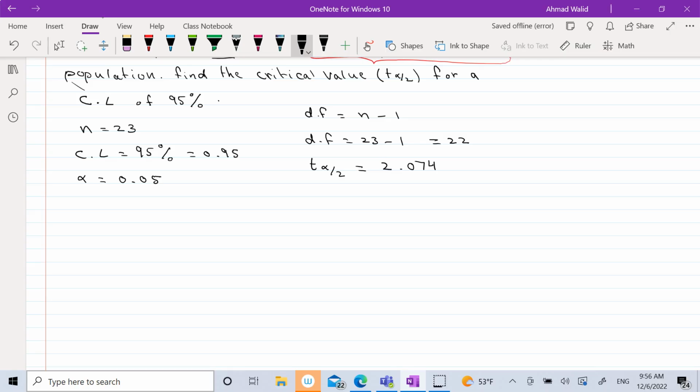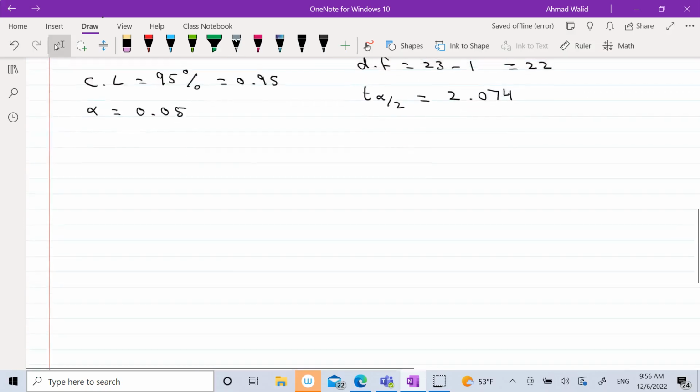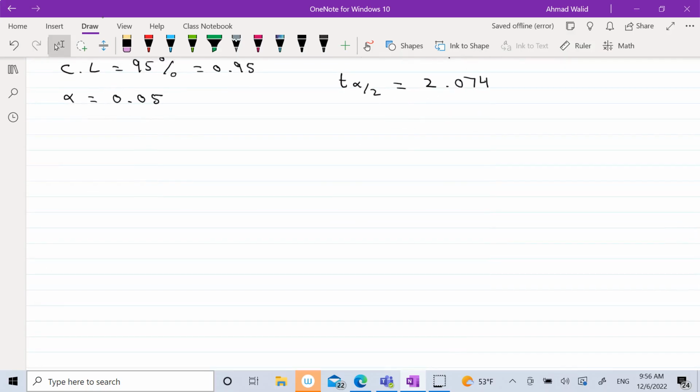Correct? It was a simple example. We will do more. But before that, let's talk a little bit about margin of error. We have to find margin of error. Correct? The formula for the margin of error, again, the symbol will be E for you.